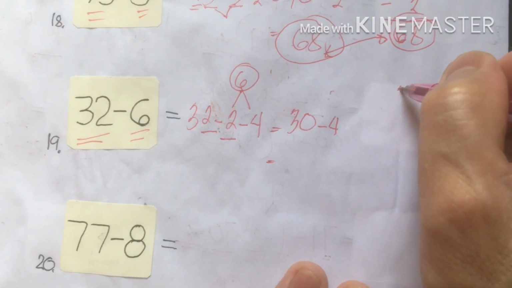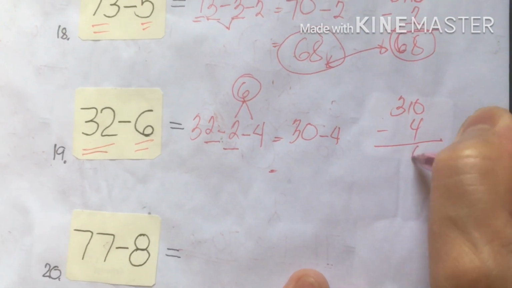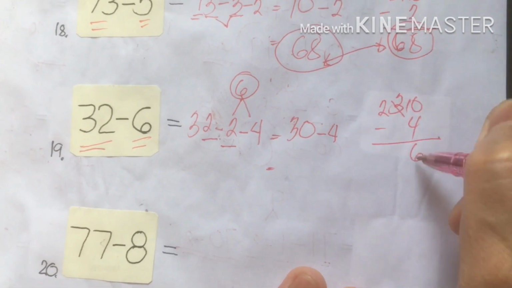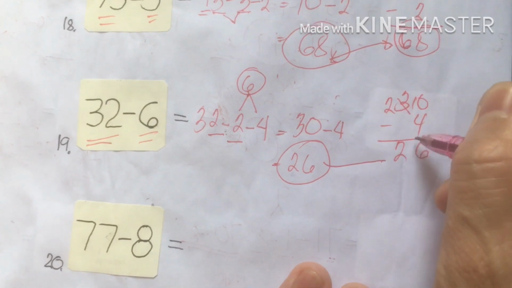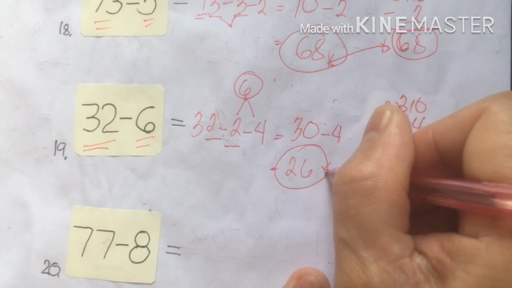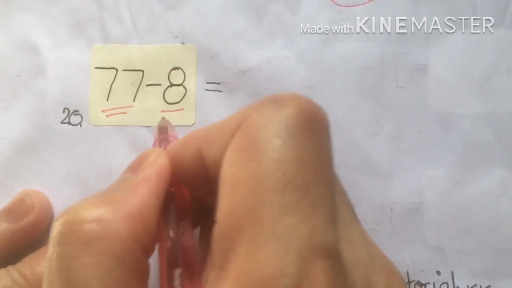So I'm going to show you 30 minus 4, how we can get to our answers here. So that's 26.